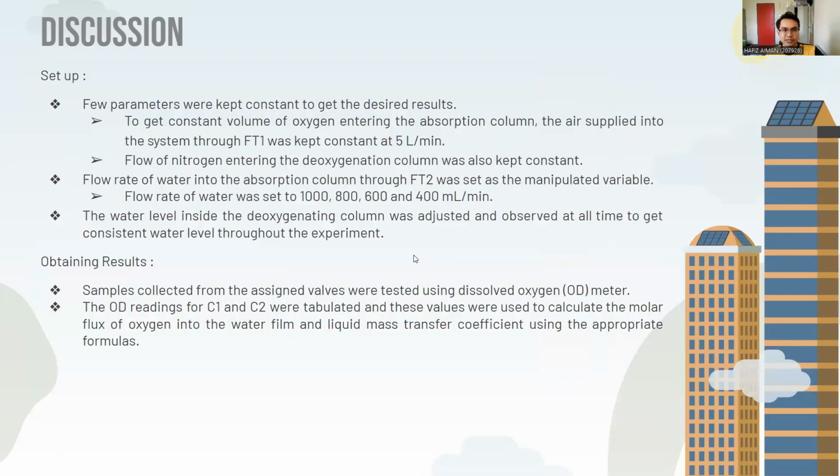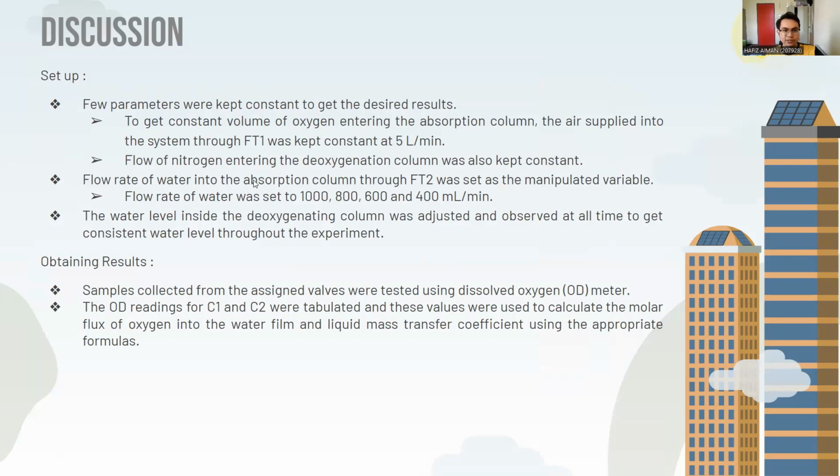Moving on to the discussion, first, setting up the experiment. Few parameters were kept constant to get the desired result. The parameters that were kept constant include the volume of oxygen entering the absorption column and the flow of nitrogen.